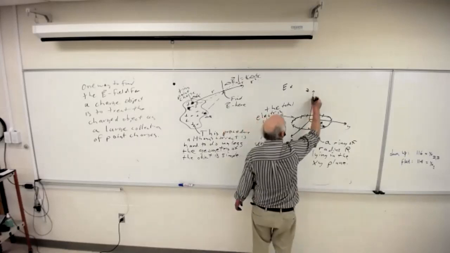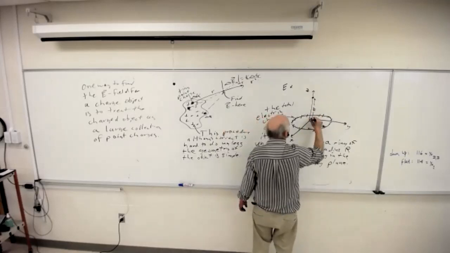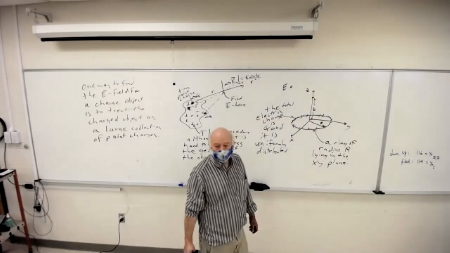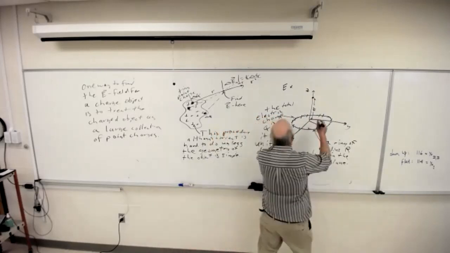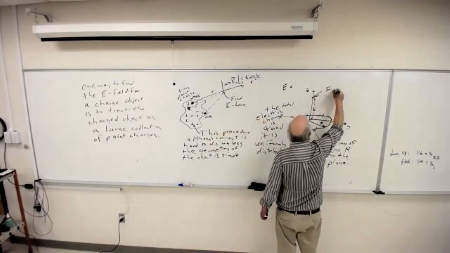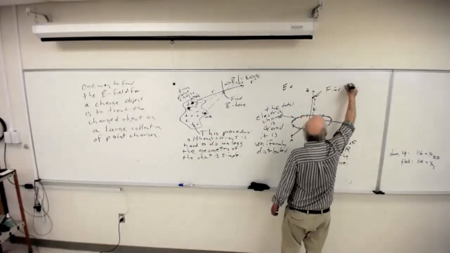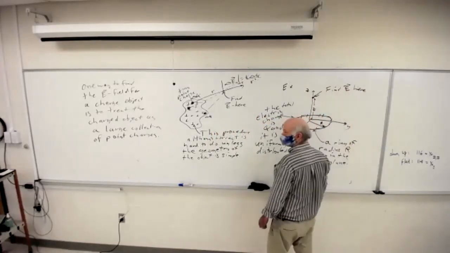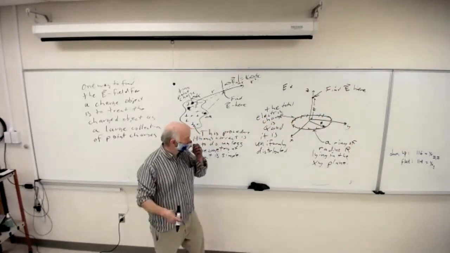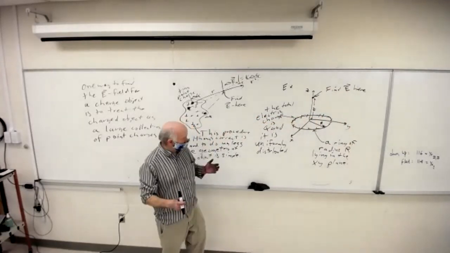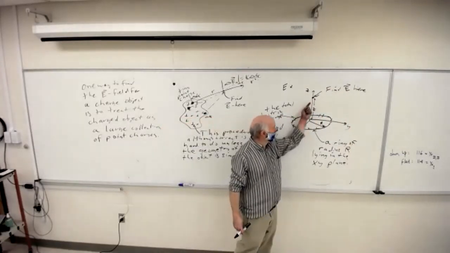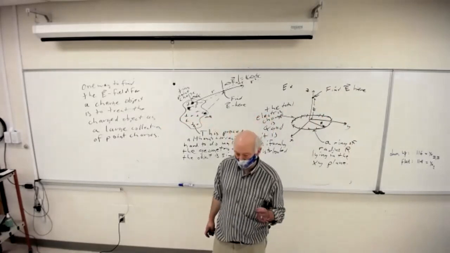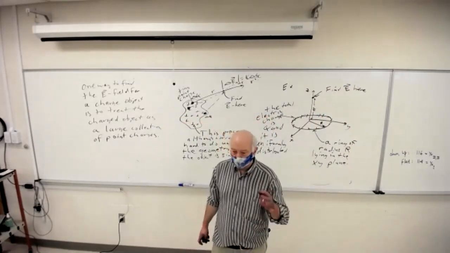I have a point here, and this is Z. Okay, and we want to find E here. So we want to find the electric field along the axis here for a uniformly charged ring of radius R. Let's do this.